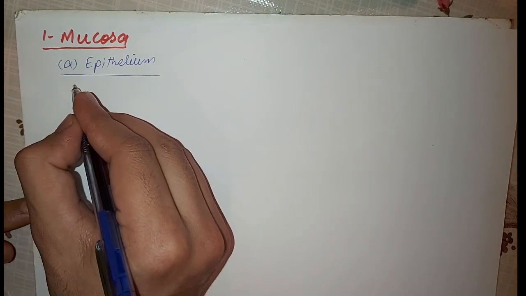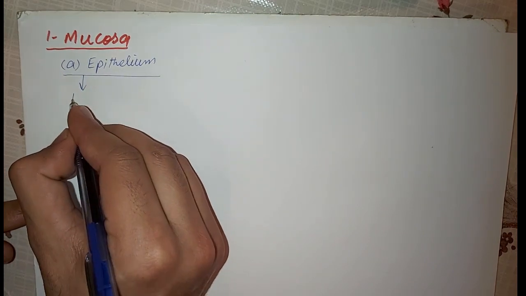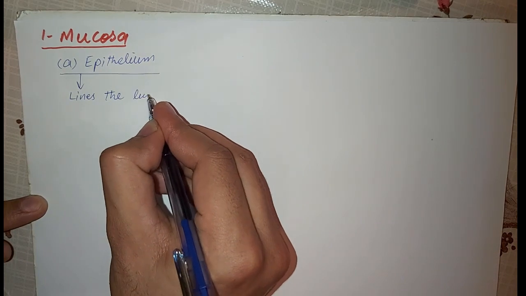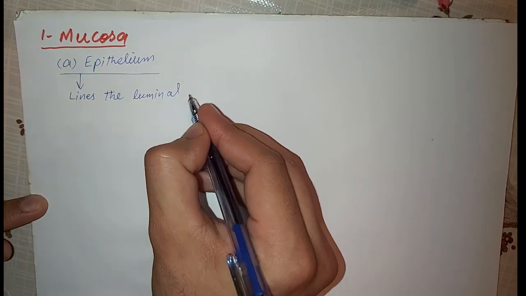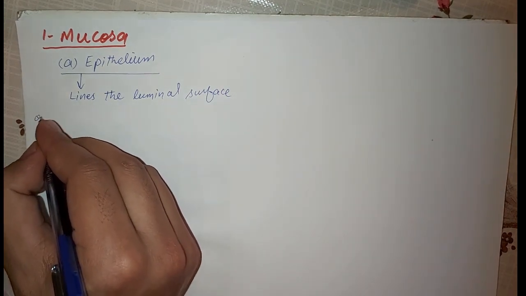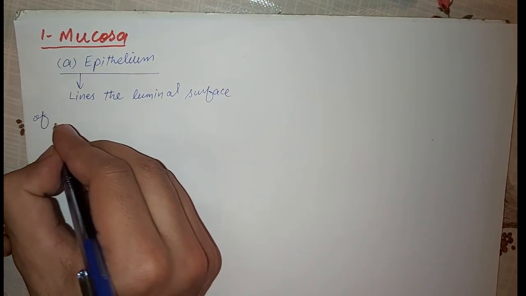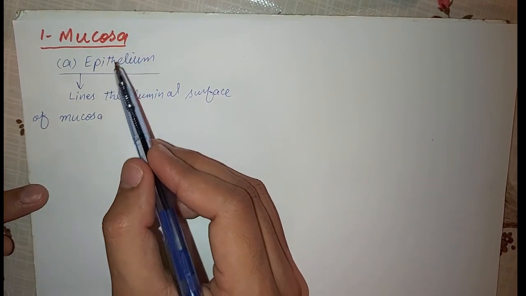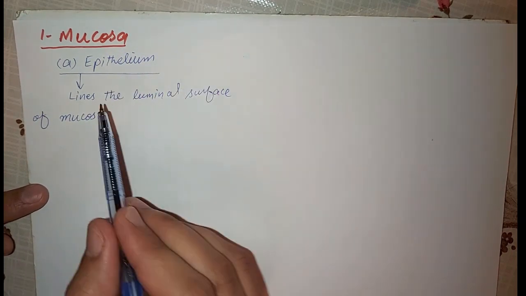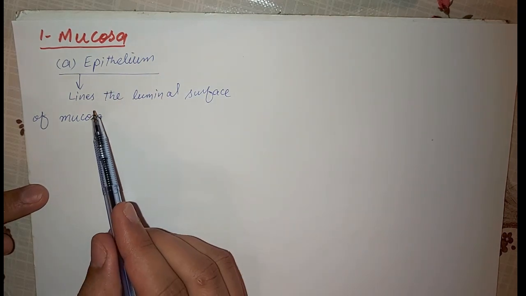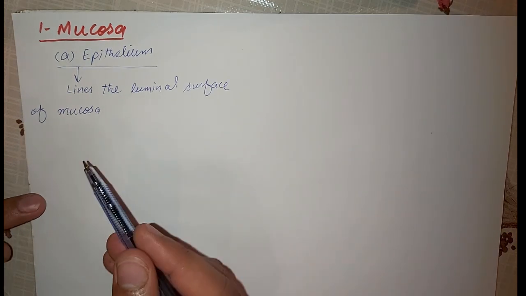Epithelium lines the luminal surface of mucosa because it is the first layer of mucosa.